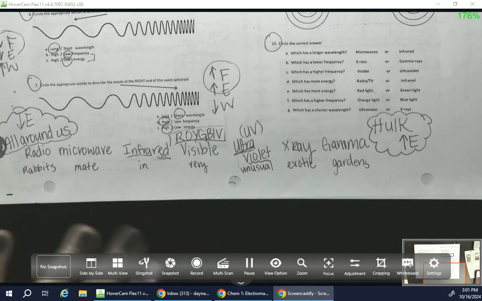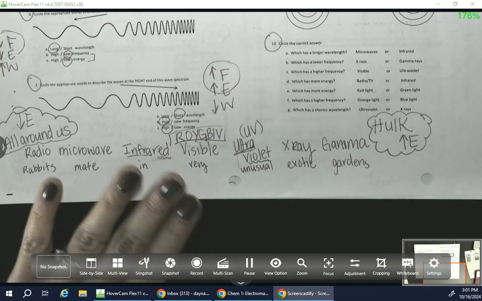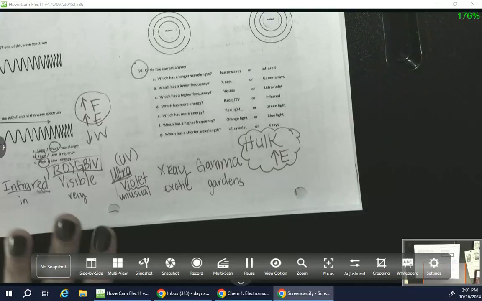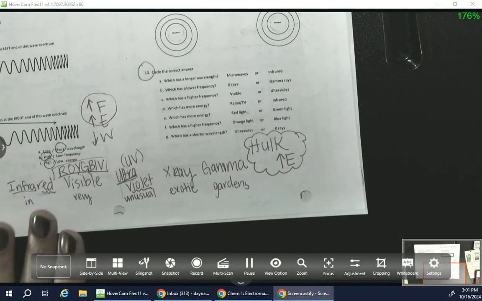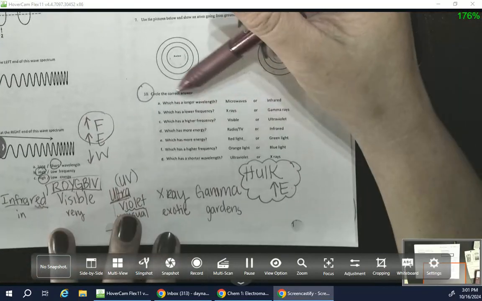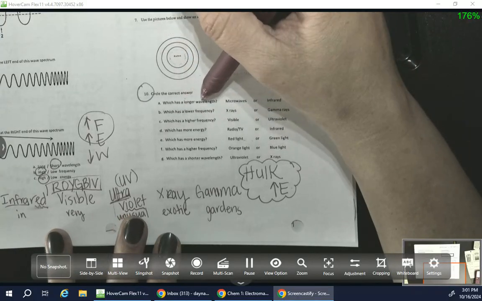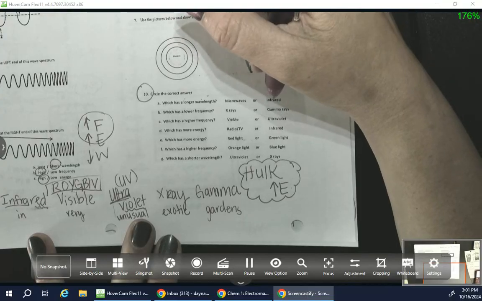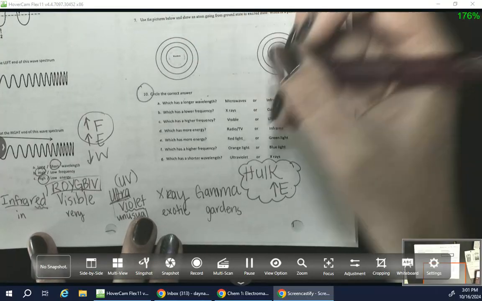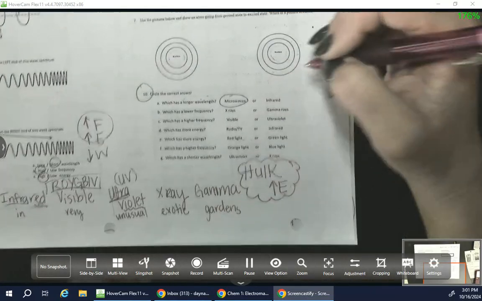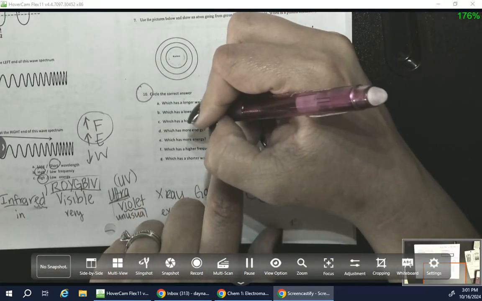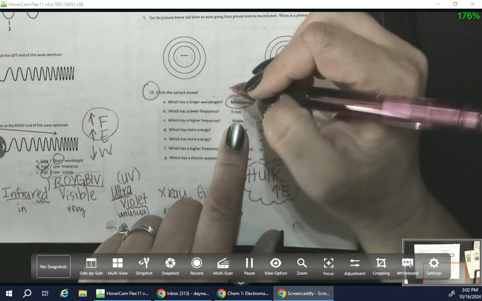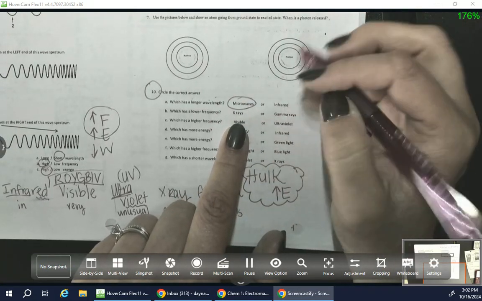While we're waiting for the projector to turn back on, go ahead and take a look at number 10, because I don't think you need to see it. For letter A, which has the longer wavelength, which means lower energy, microwaves or infrared? Microwave. Which has the lower frequency, which is lower energy, X-rays or gamma?